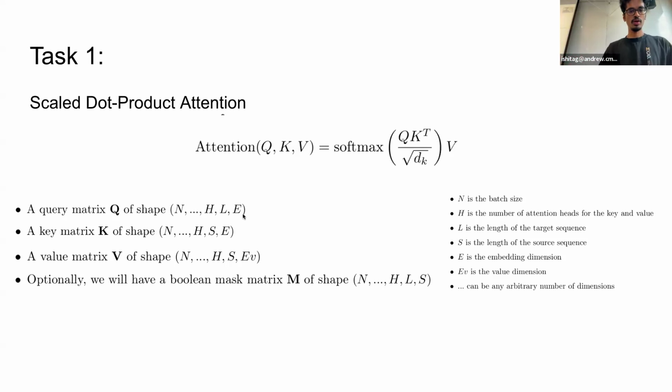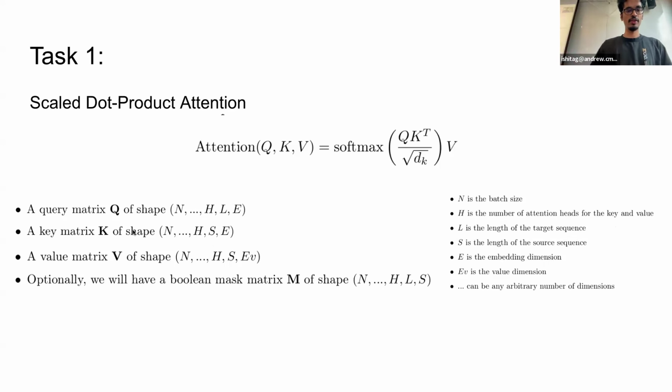Yeah, so take a look at these dimensions. The query matrix Q will have shape N, comma, whatever comes in the middle, H, L, E, where H is the number of attention heads for the key and value. L is the length of the target sequence. As I said, input tokens, output tokens. And E is the embedding dimension. So this will probably come from your tokenizer.